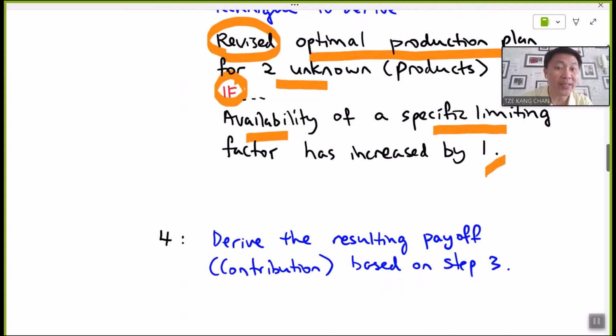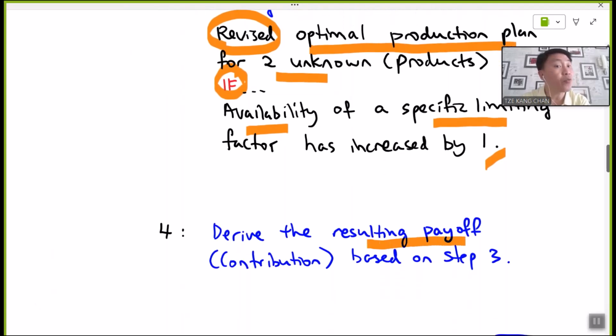With this revised answer, you will then derive the resulting payoff, measured again by contribution, based upon the earlier step of the solution.